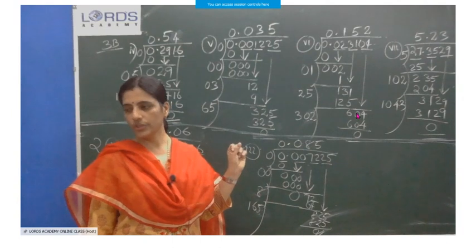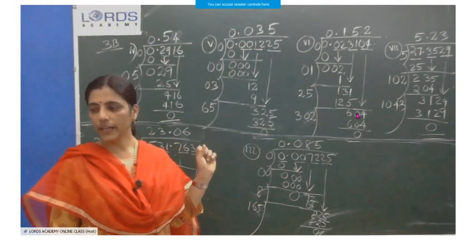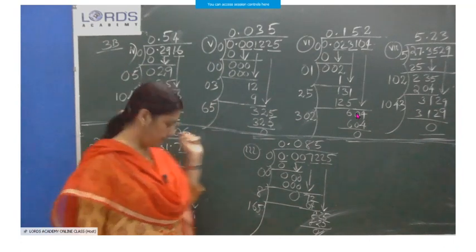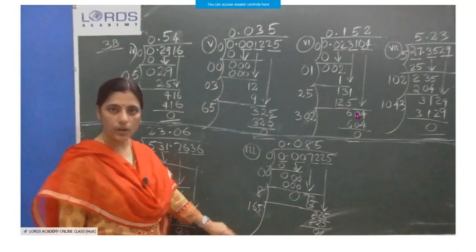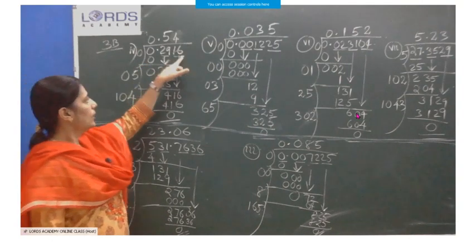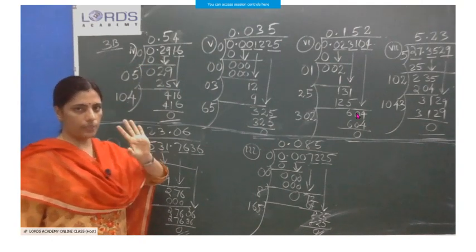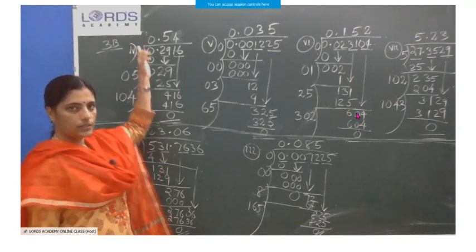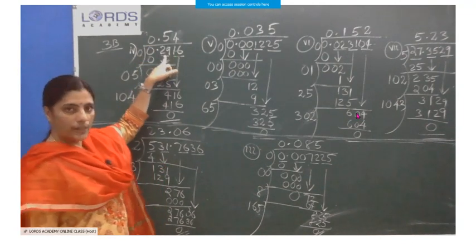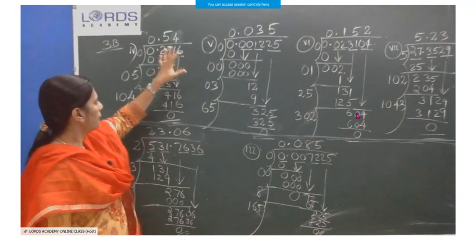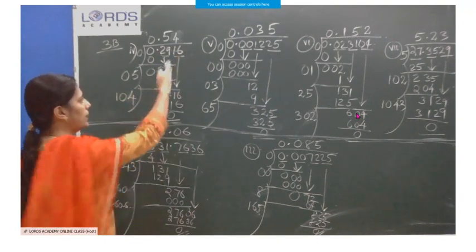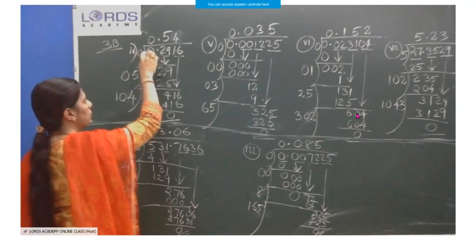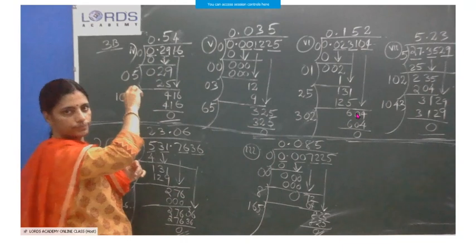Listen, class. First question, 3b, find the square root of 0.2916. This one is comparatively the easiest among the homeworks. 2916, grouping we did from right to left, the decimal part from right to left, and 0 is here alone. 0 into 0, 0.